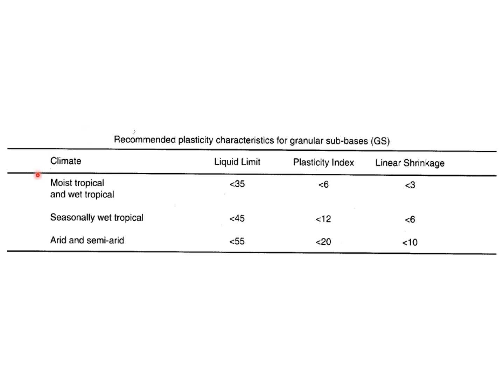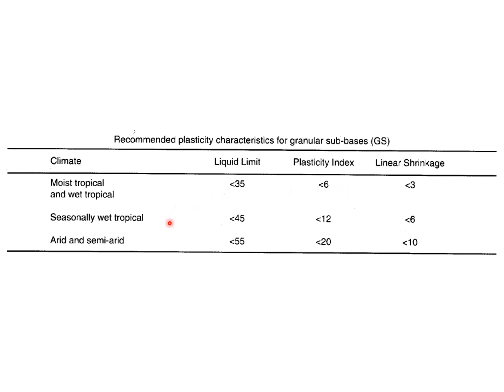So you can see here the different climates: moist tropical and wet tropical, seasonally wet tropical, arid and semi-arid, and you can see the liquid limit, plasticity index and linear shrinkage. So if you are having the climate of this type, in that case your subbase must fulfill these requirements.